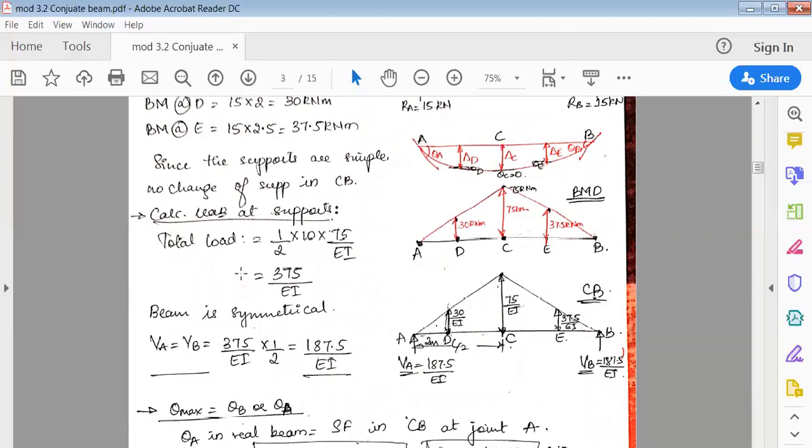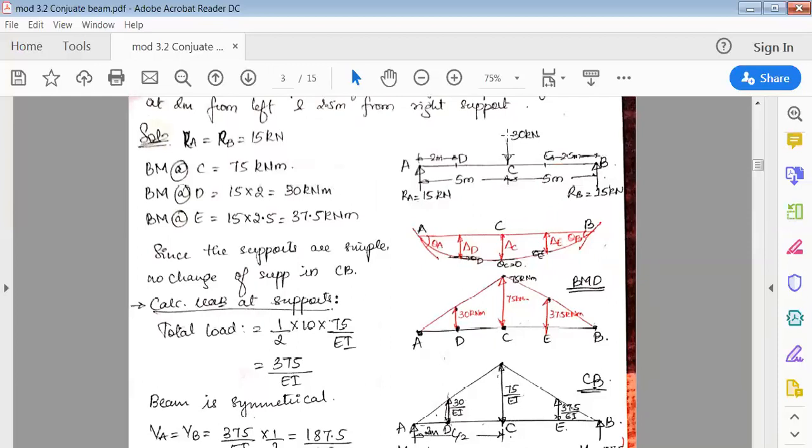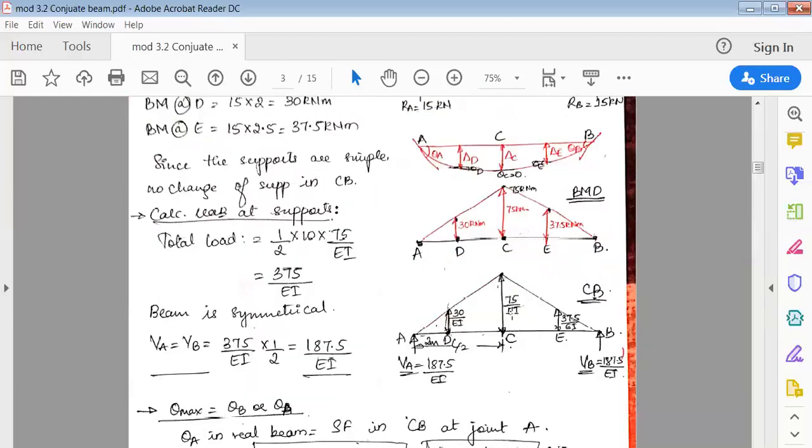Now just mark the simple support upward and then start. Now see here, the total load is acting downward like this. When you draw the M over EI diagram, obviously this load is acting down. Take the area of this triangular load. It's a triangle, a downward load.